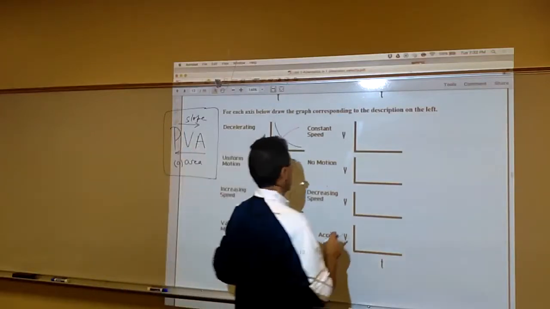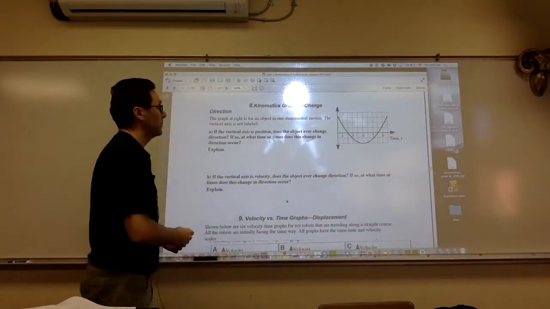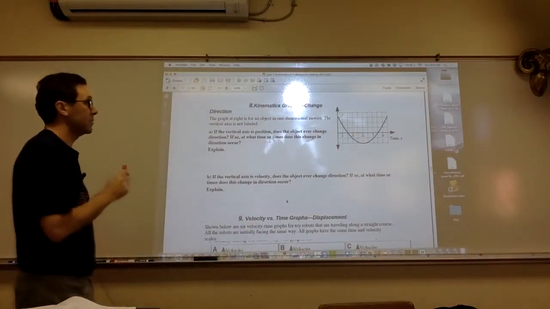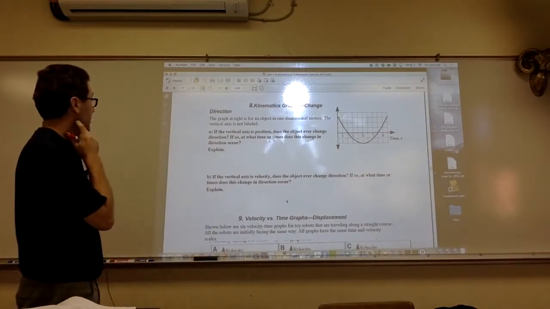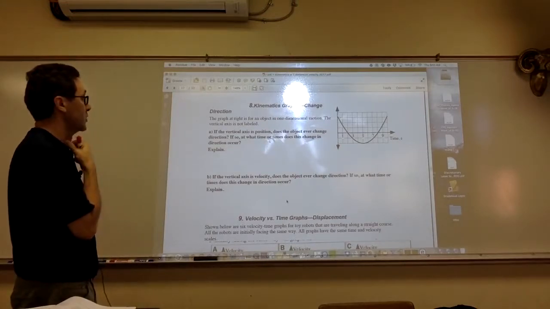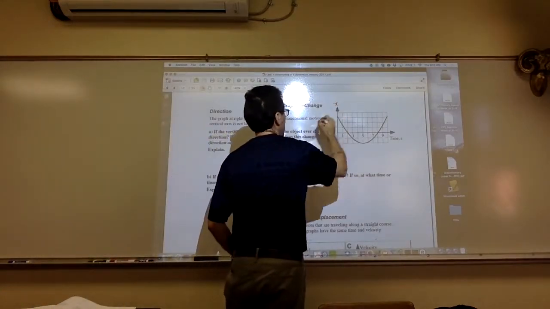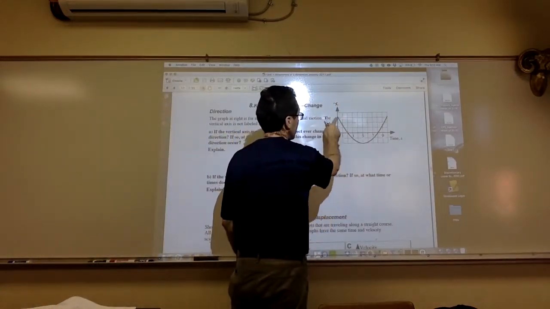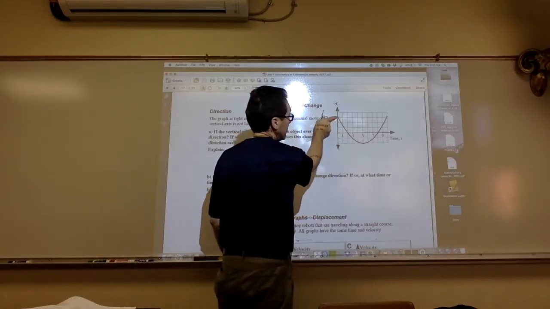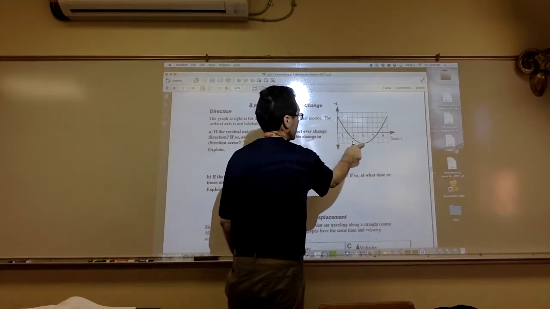Okay, let's look at this guy. All right, for number 8, it's giving us a graph, but it's not labeling it. Okay, so it's saying if the vertical axis is position, does the object ever change direction? So if I put position here, I guess I call it X. It looks like the position is starting from high numbers and it's going down to low numbers, right?